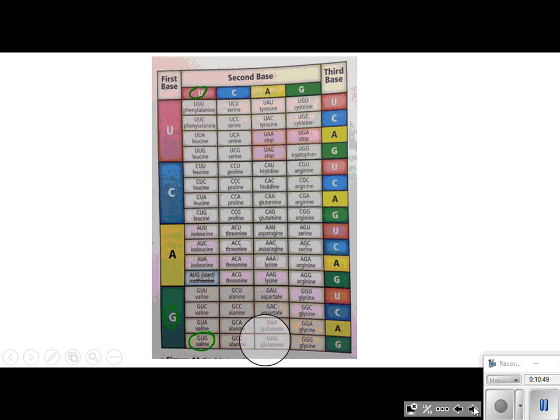Okay, so I'm going to erase my last one, and I'm going to find C for my first one, A for my second one, and U for my third one, right? So CAU is histidine, right?